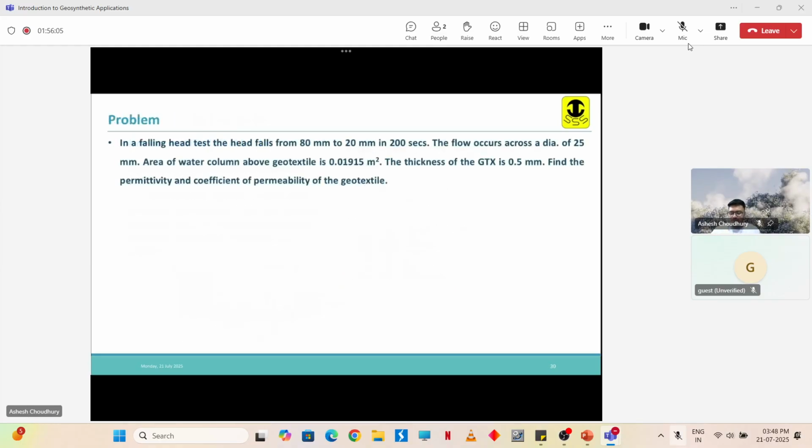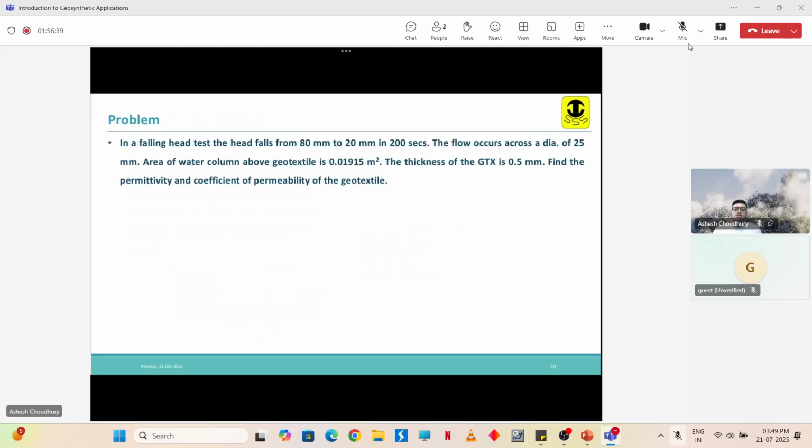Now try to solve this problem. Try to solve these easy problems from what we discussed just now, using the relations we discussed. In a falling head test, the head falls from 80 mm to 20 mm in 200 seconds.